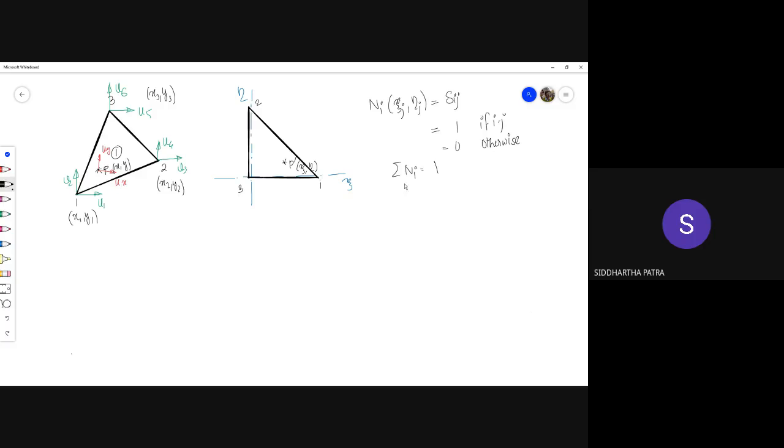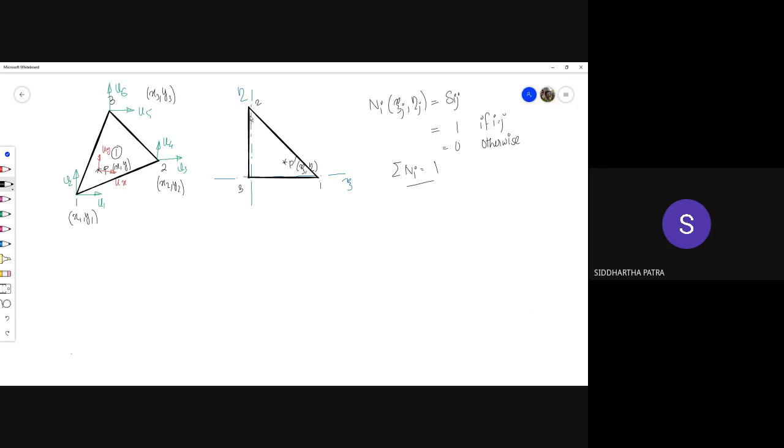But if this condition is not satisfied, then it would imply that because of the rigid translation, some strain is developing somewhere within the element. Okay, so that is not practical, which means if the nodes are individually moving like rigid bodies, then the entire element is moving like a rigid body. So these two conditions must be satisfied.